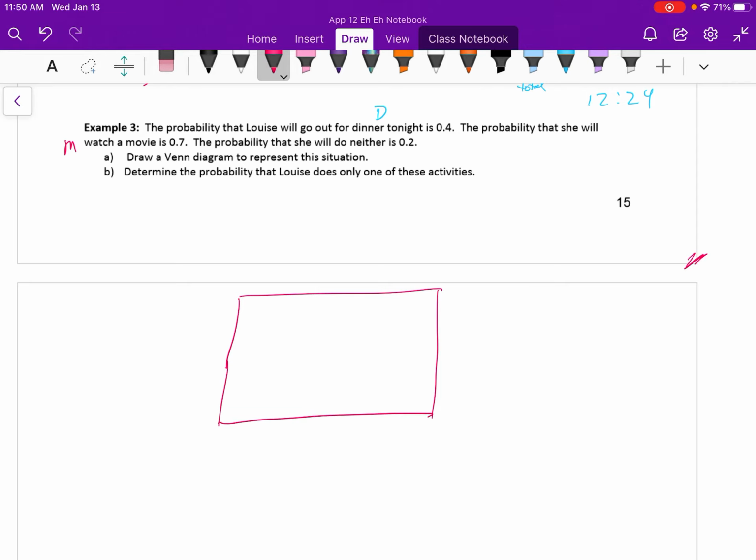So my universal set. For probability, if you add up all the probabilities, they're always going to add up to 1. Right? What is the probability of the weather today? Well, it's 1. I mean, weather happens.